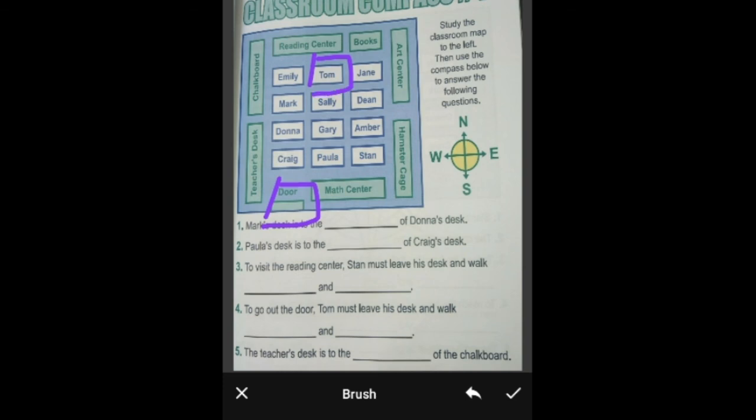So to come to the door, which direction is Tom going to follow? Tom goes south and then, where the door is, west in this direction. So in blank number 4 you can write south and west. Okay class, similarly solve pages 6, 7 and 8 in your book.